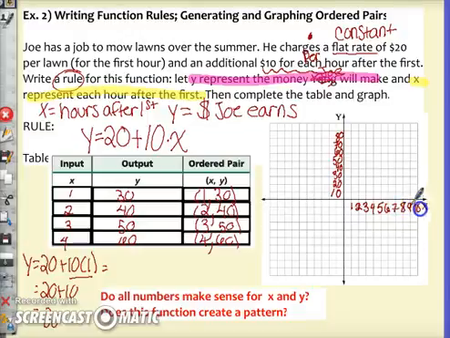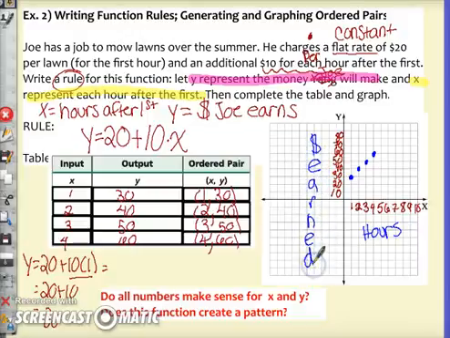And now let's just go ahead and graph it. So we'd have 1 comma 30, so over to 1 up to 30. 2 comma 40 over to 2 up to 40. 3, 4. Now let's label. These are the hours, and this is the dollars earned.